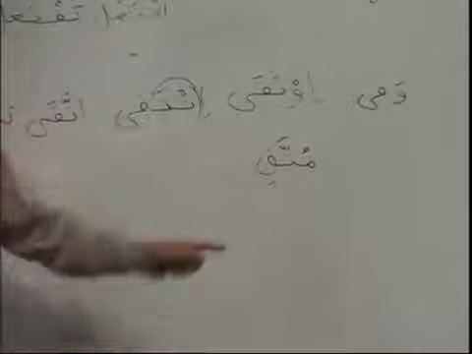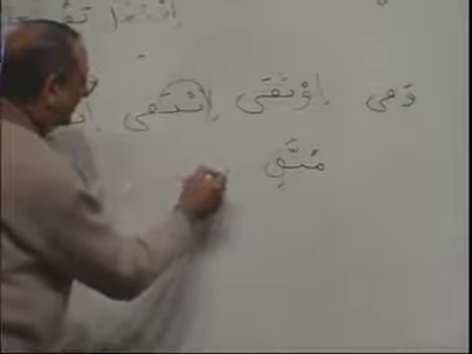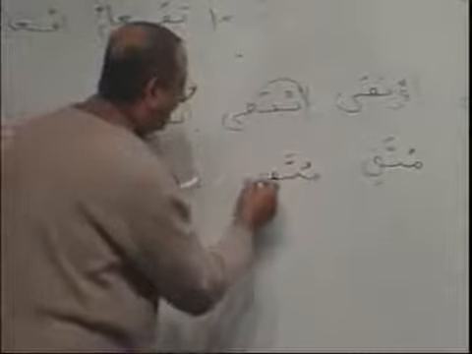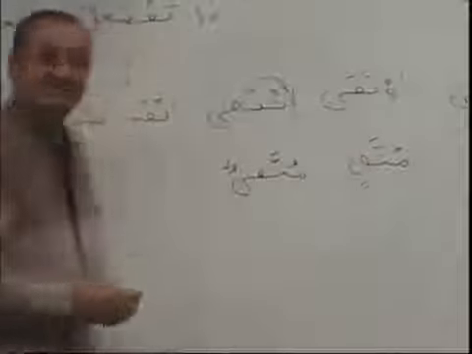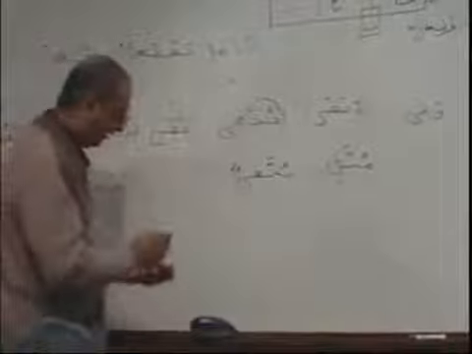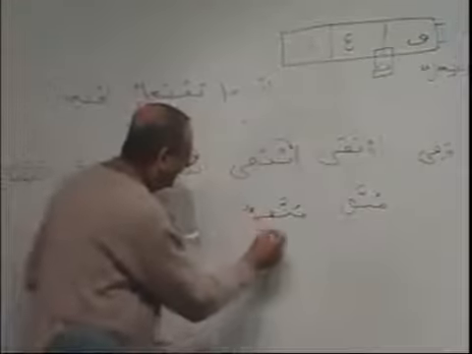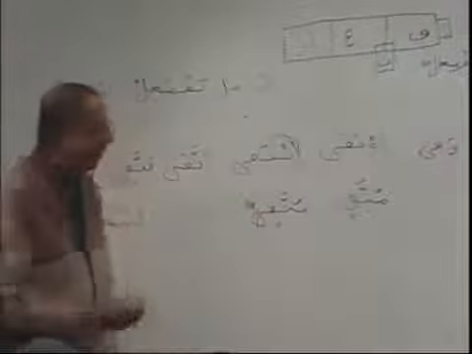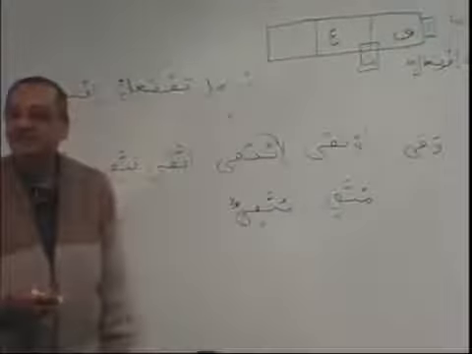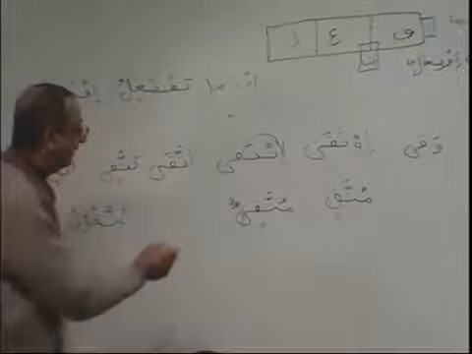Ismun marfu', wa alamatu raf'ihi ad-dammatul muqaddara ala al-ya'il mahdhufati. Because the ya has been dropped. Originally it was muttaqiyun. Okay, and then we dropped the ya and tanween and everything, and we gave an extra kasra. Okay, brother, muttaqin. If you put alif lam, the ya will come out.